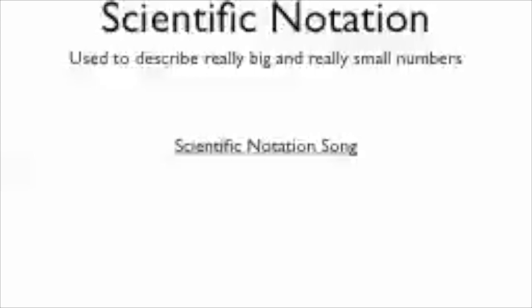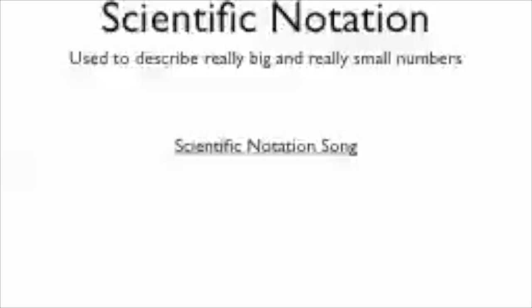in standard notation. So for example, if you were to write down the number 1 million, you would have a 1 with a whole bunch of zeros after it. The same number in scientific notation would be 1 times 10 to the 6th.